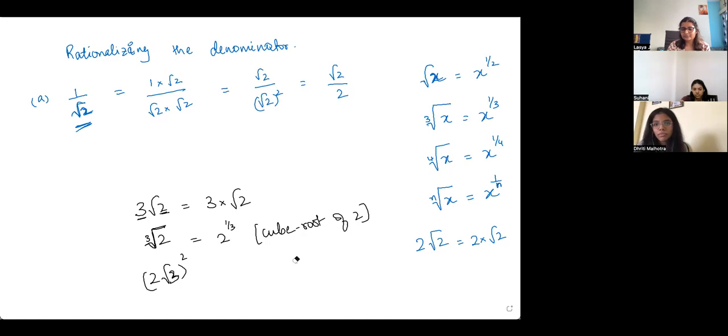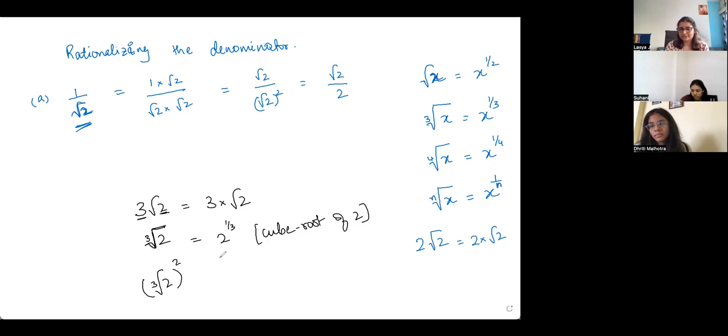The one you wrote previously, with the 3 outside. Like cube root of 2. Okay, cube root of 2, fine. Raised to 2. Yeah, raised to 2. So how will we write this?